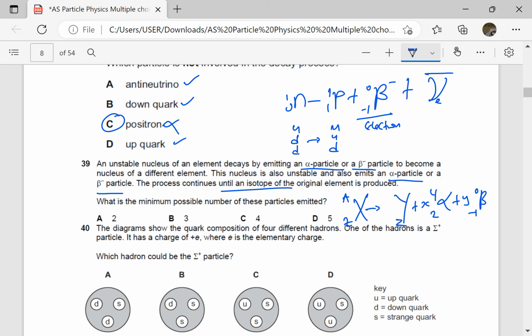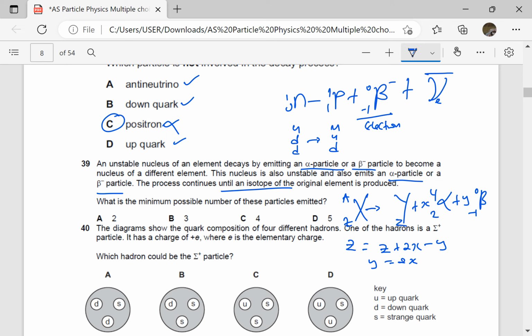So if we equate, the left hand side is Z and the right hand side should be Z plus 2x minus y, where we say that y is equal to 2x. That means for x equals 1, y should be 2. For x equals 2, y should be 4. In other words, the number of y particles will always be twice the number of x particles if the proton number is to remain the same.